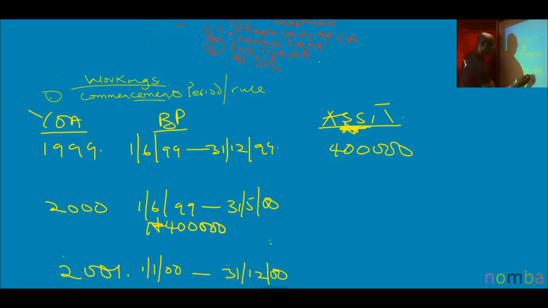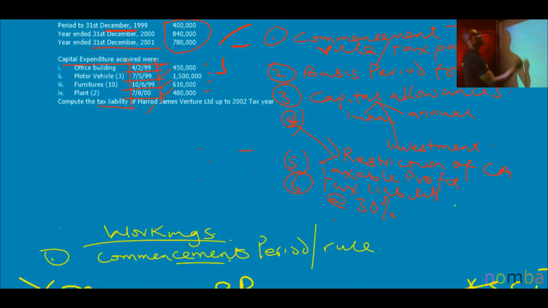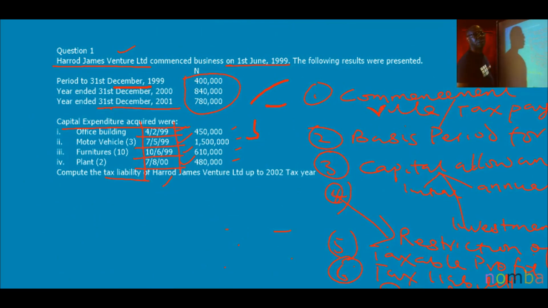up to December, plus from December to May. December to May, that is 5 months. December as in 1st January, January, February, March, April, May, 5 months. That should be 5 months. So from January to May, what are we going to do? Of course, we have 5 months over the next amount of 840. 5 over 12.